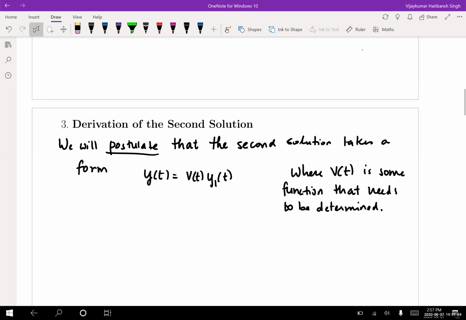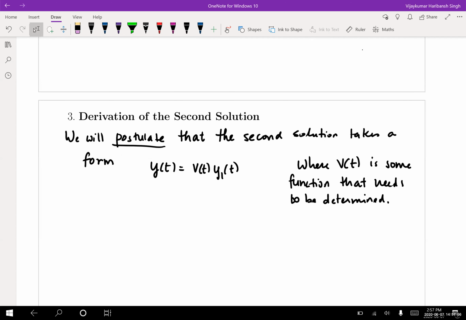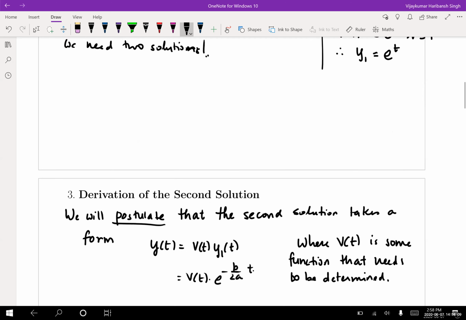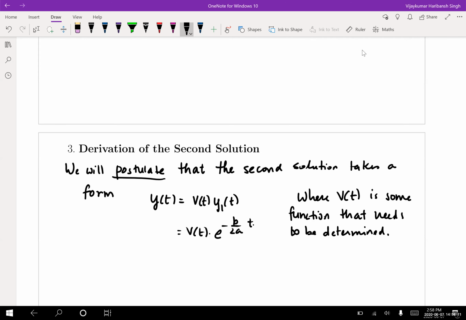So y1 is e to the power -b/2a t. Now let's try to find a condition on v(t) by substituting this into the equation ay'' + by' + cy = 0.